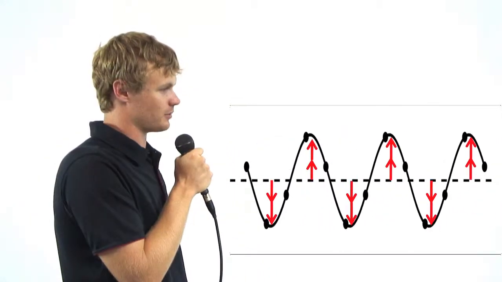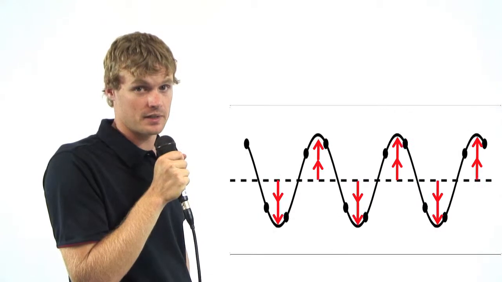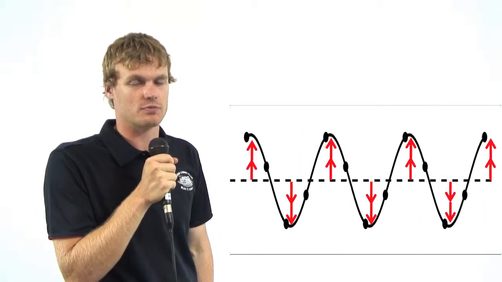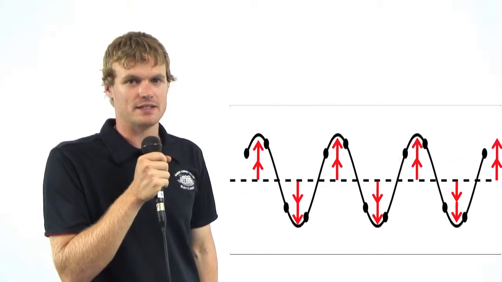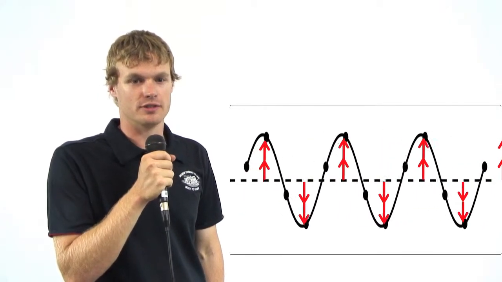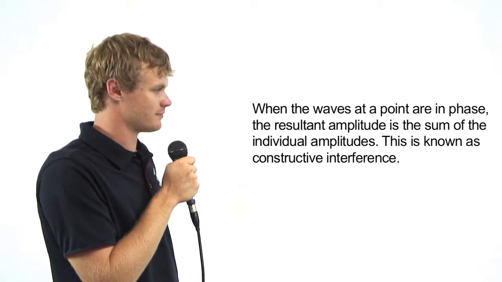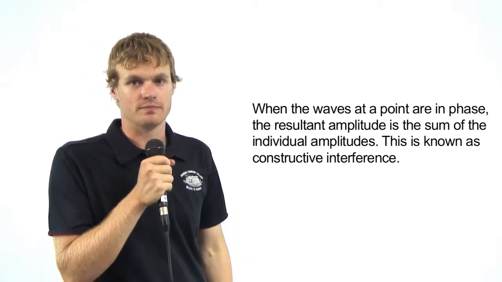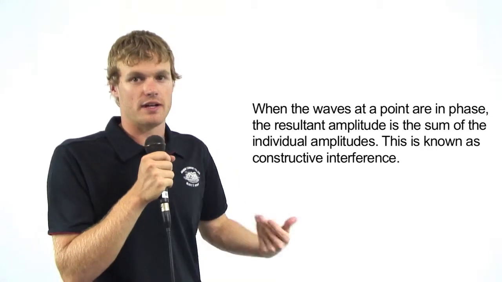So in my example here, because these are in phase, it's going to be constructive interference. Constructive interference is where we have two waves acting together to produce a bigger amplitude. So amplitude is the height of the wave. So constructive interference, the two waves work together to create a larger amplitude. They exaggerate the size of the wave.